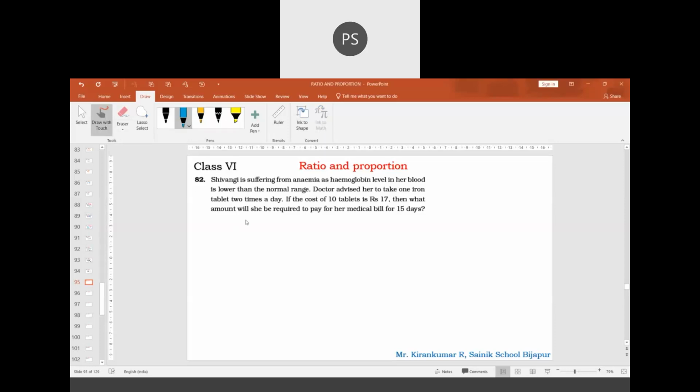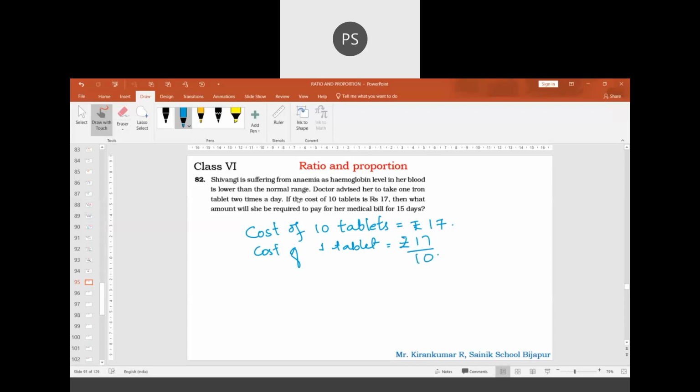51 rupees is exactly correct. Because they have given the cost of 10 tablets, the cost of 10 tablets is rupees 17. So what will be the cost of 1 tablet? It is 1.7 rupees.